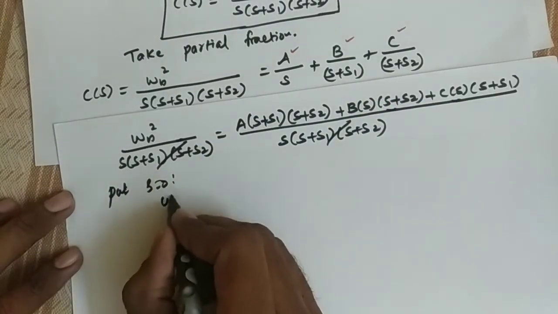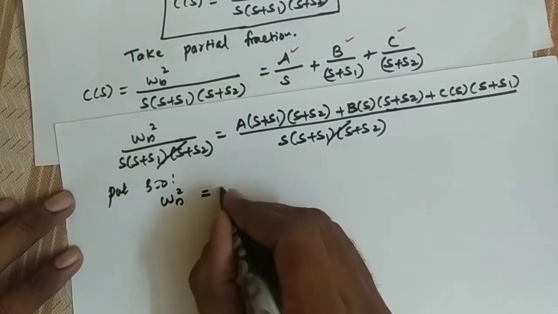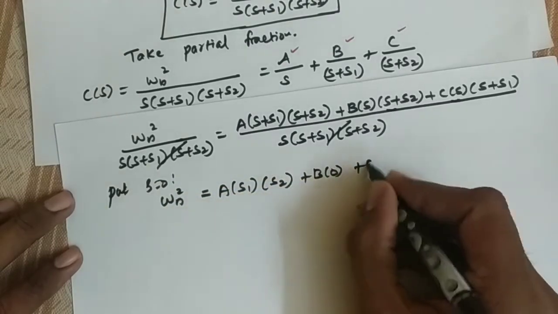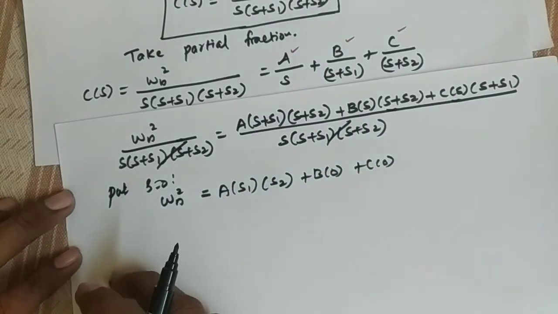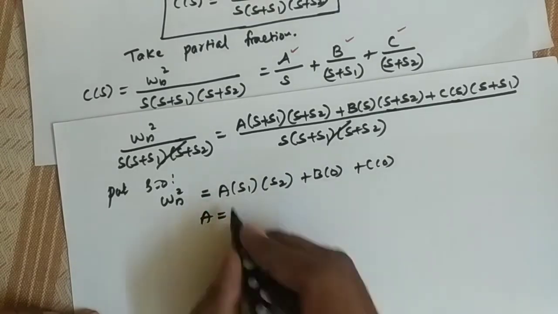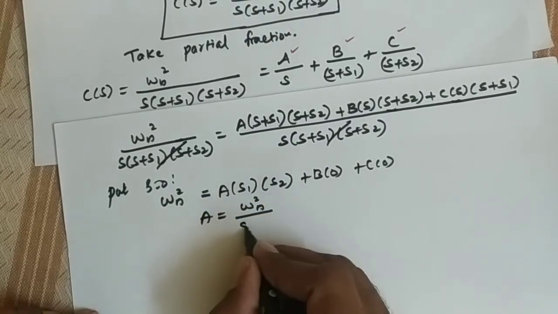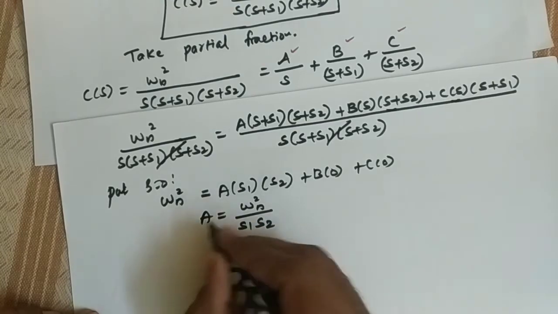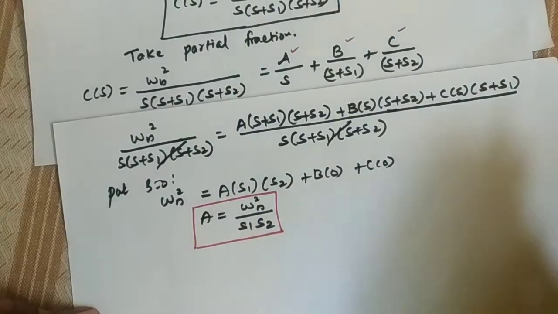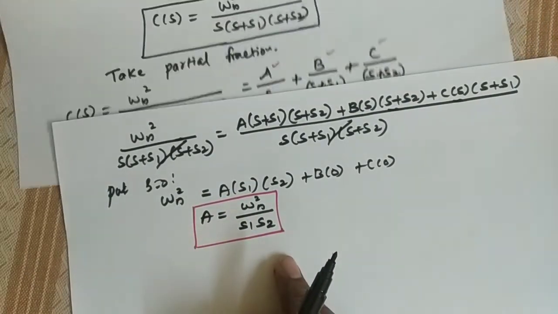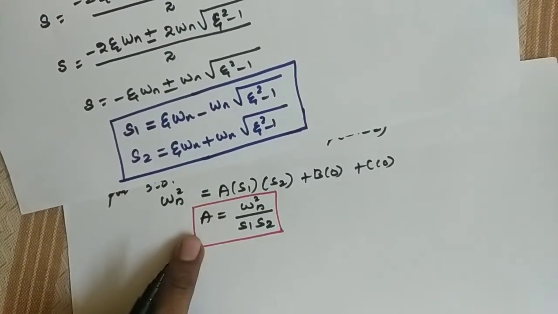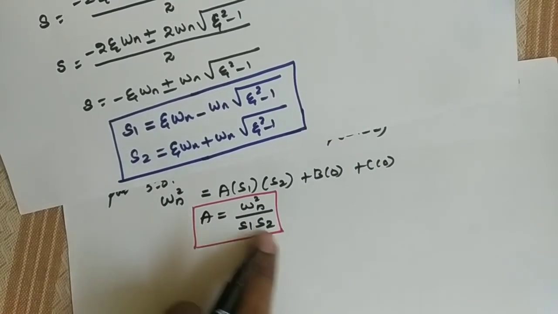We get omega n square is equal to A into s1 s2 plus B into 0 plus C into 0. So A is nothing but omega n square divided by s1 into s2. This is what we get for the coefficient A. We need to represent it in terms of s1 and s2, so let's substitute the values of s1 and s2 here.